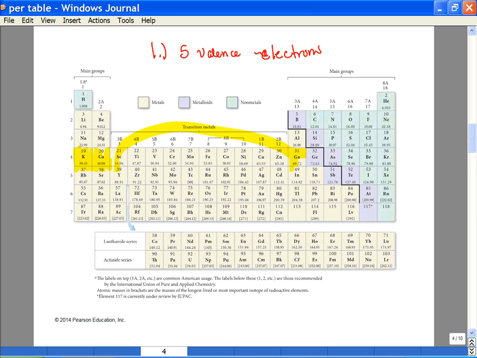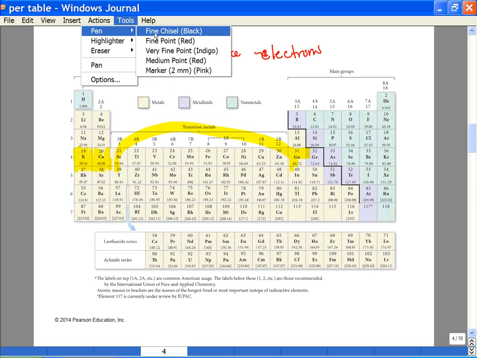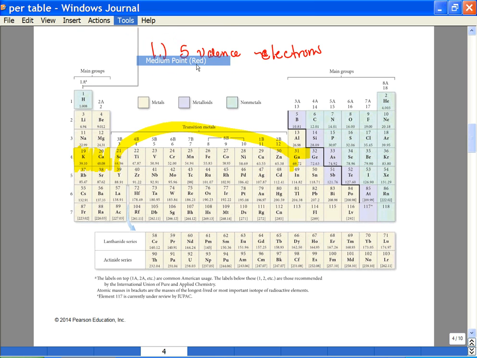Okay, so to find 5 valence electrons, we just come over in row 4 in the boxes that correspond with energy level 4. So this is 1, this is 2, this is 3, this is 4.